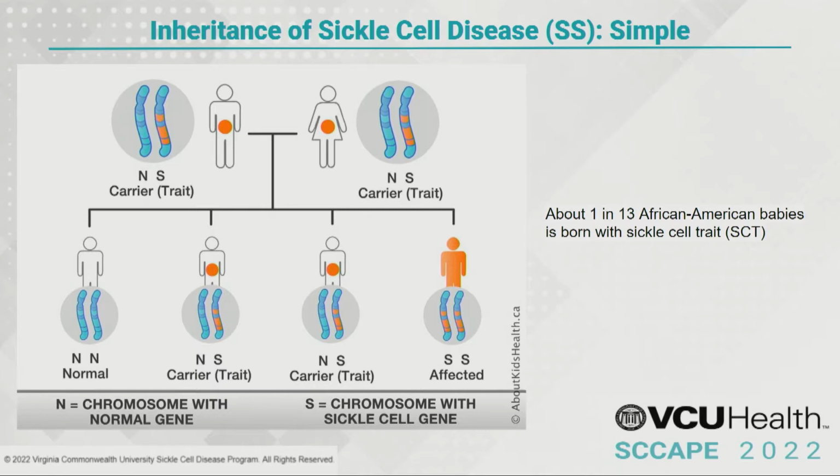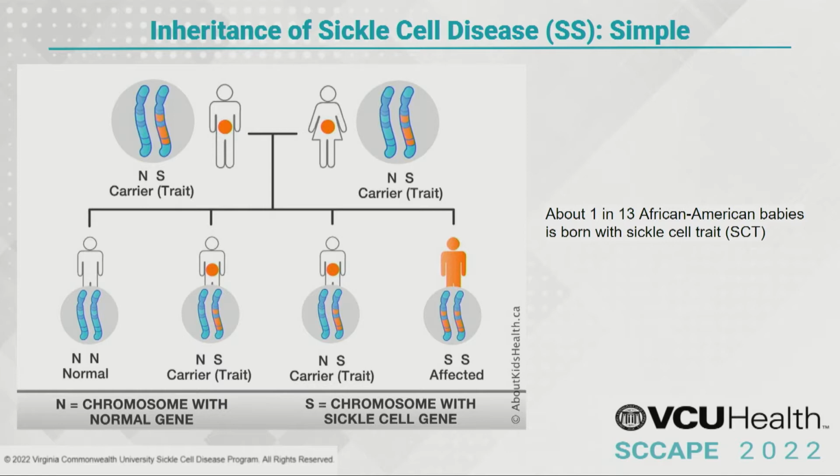So sickle cell disease is an autosomal recessive condition, which means that you have to have 2 parents that have the sickle trait. And so, not to confuse you, this is describing the classic sickle cell disease, so hemoglobin SS.